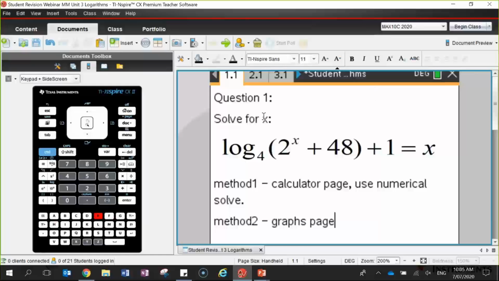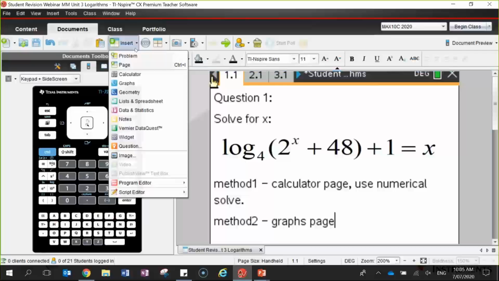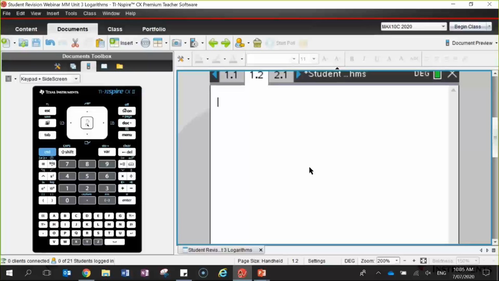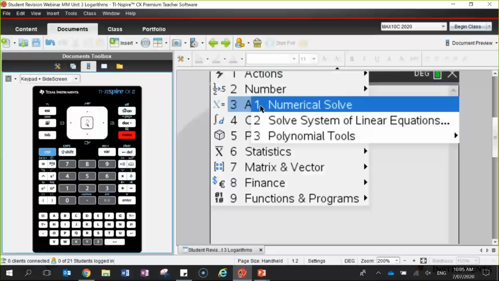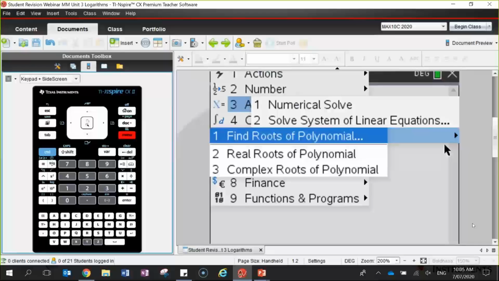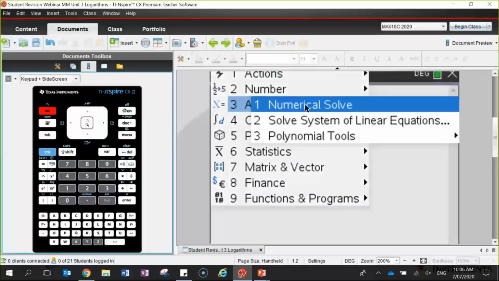I've got the question written here on a notes page. So I'm going to insert, first of all, a calculator page. In my calculator page, I'm going to use the numerical solve function. You will find that in your menu, under option 3, which is algebra, and then option 1, numerical solve.